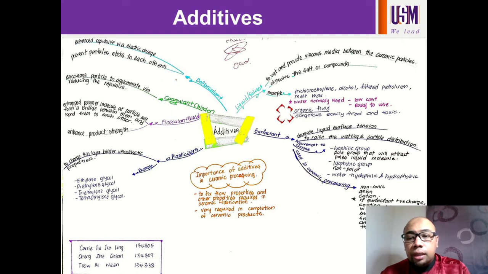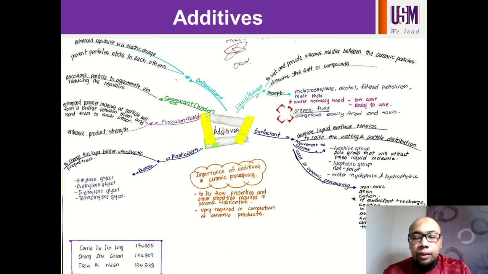As far as I know, normally in industry they use the flocculant agent and the deflocculant agent, because compared with the others, this kind of additive is cheap, number one, and number two, the storage is very easy.